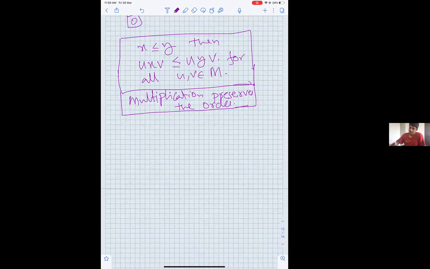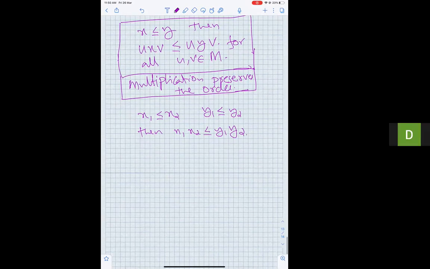So how do I prove that if x1 is less than or equal to x2 and y1 is less than or equal to y2, then x1 y1 is less than or equal to x2 y2?